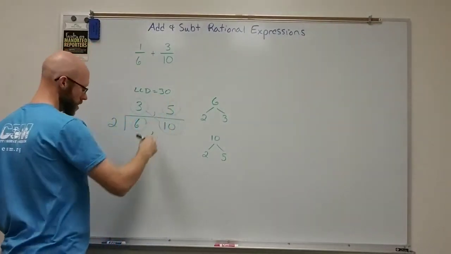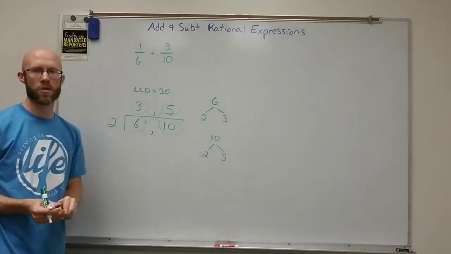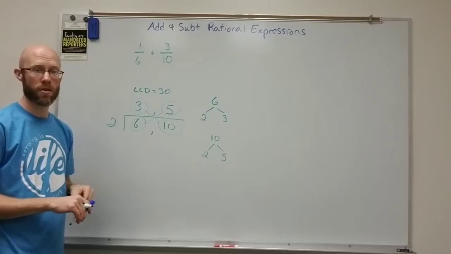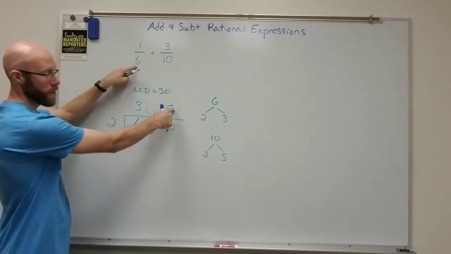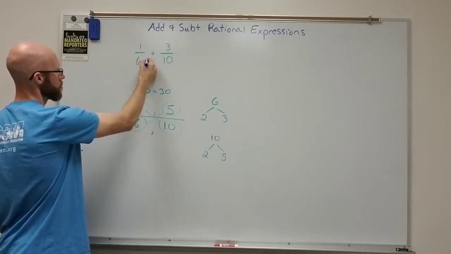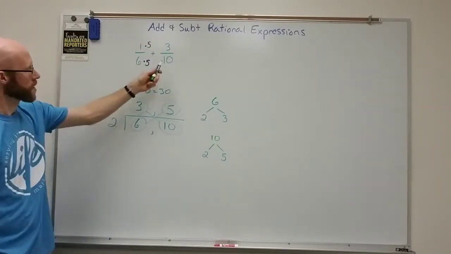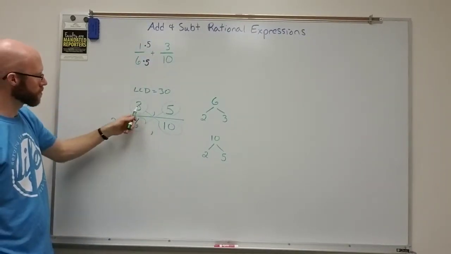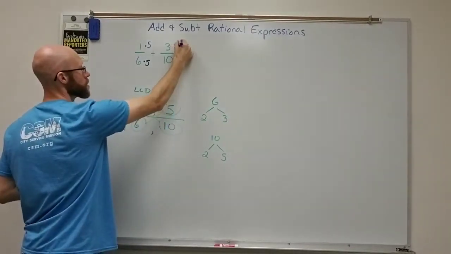So, got my 30. Now I need to figure out what I need to multiply each of these by to get 30. Well, to get from 6 to 30, I need to multiply by 5, just like in this ladder here. So I'm going to multiply the bottom by 5 and the top by 5. And then the second fraction, I need to multiply by 3, so I'm going to multiply the top and the bottom by 3.